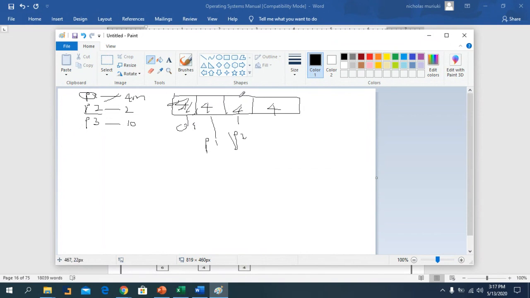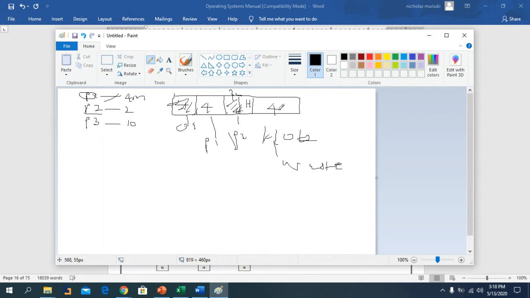Here we have already utilized part of this 4, using 2 memory, but the remaining becomes what you call a hole. Because we are referring to it as a hole, it becomes waste memory. So that's why we are saying when you're using partitioning, sometimes we have wastage of memory.